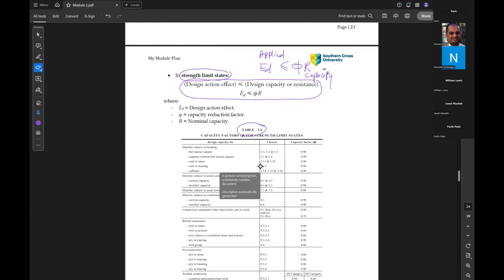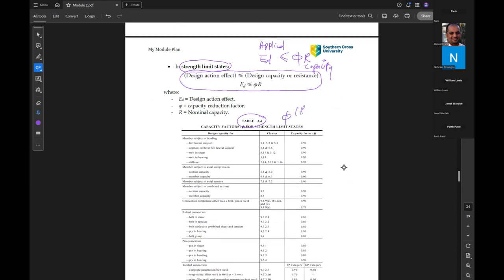Okay, so this is the rule of the strength limit states. In Table 3.4, the Australian Standard gives us the values of phi. Phi is actually a reduction factor of strength. This is like a safety factor. If the capacity is 100, we assume it is 80 or 90 and so on, a reduced value to have a safety margin. So the standard gives us the factor phi based on the applied action. For example, for bending, phi equals 0.9.